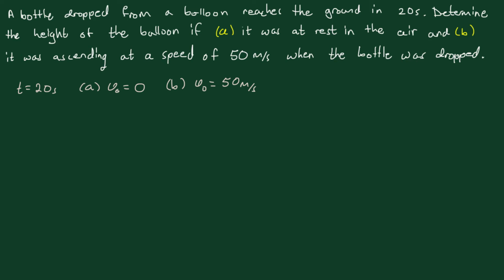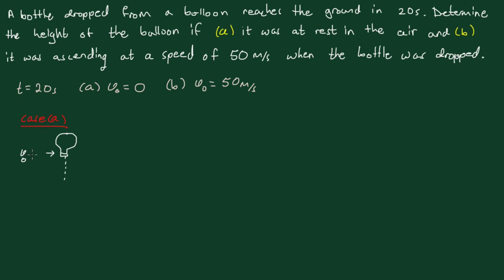So we're going to separate these two cases. Let me write case A over here, and we're going to analyze case A. So for case A, we have the balloon, and the bottle is dropped from the balloon while the balloon is at rest in midair.